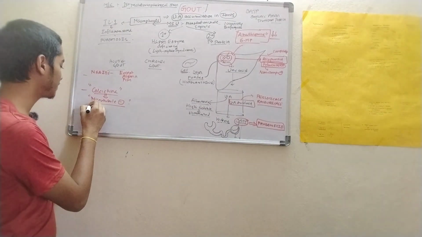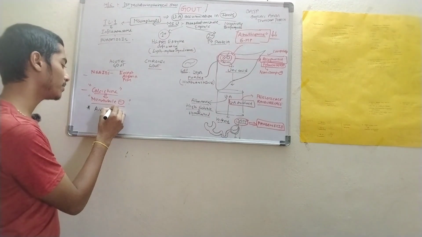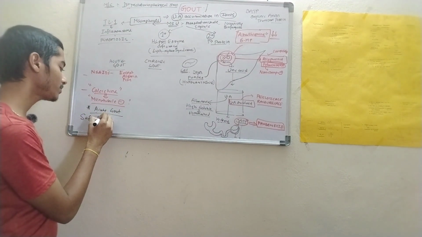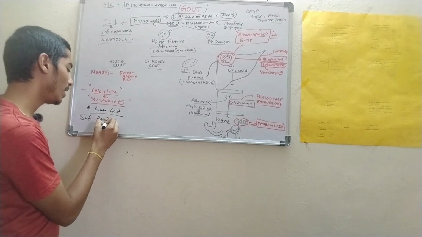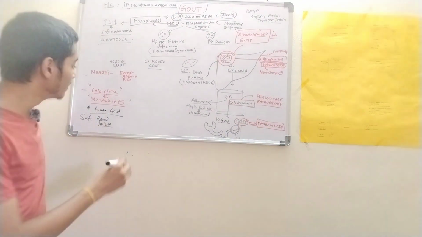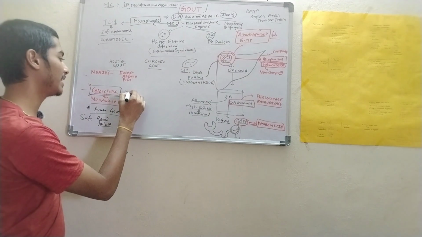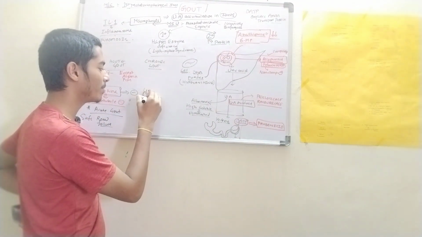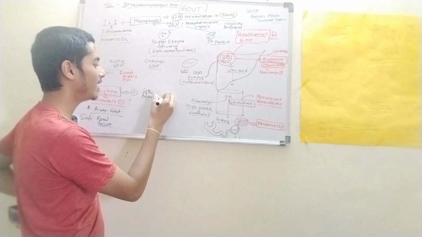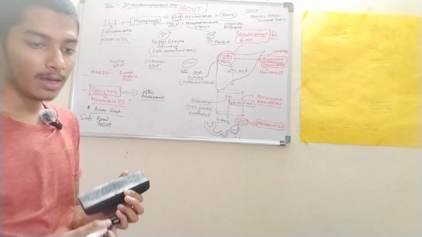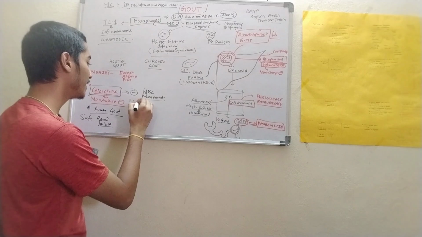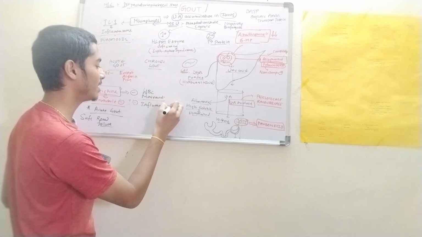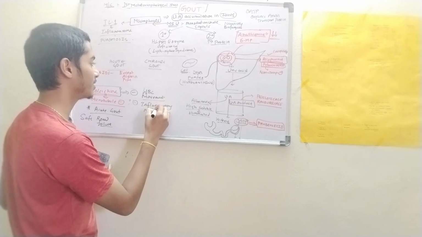It is useful mostly in acute gout, and it is safe in renal failure. And how it acts is, it just inhibits the chemotactic movements of WBC, and it also inhibits the release of inflammatory mediators, so they cannot cause inflammation.